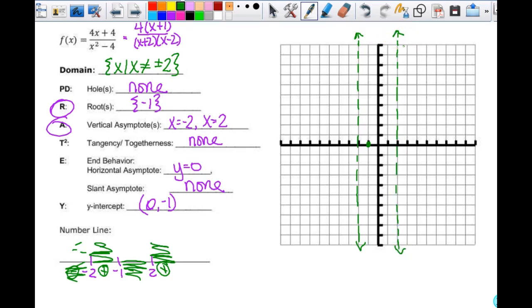No tangency or togetherness, horizontal asymptote y equals 0, y-intercept 0, -1. All right, so from -infinity to -2, it's negative. And then from -2 to -1, it's positive, so it's positive up here.